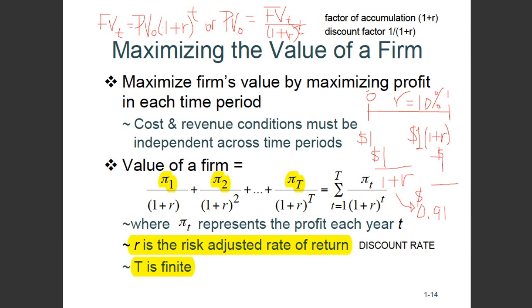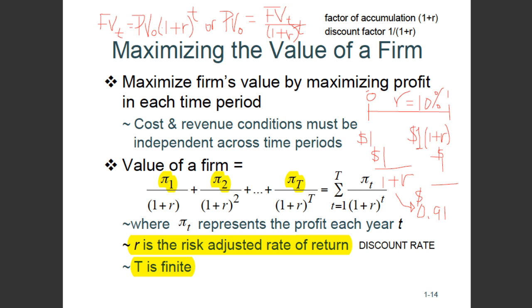Okay? So what does it mean? It means that $1 in the future is worth 91 cents today. Because of a prevailing risk premium, I have the opportunity to do something with the $1 that's coming. Even though I'm not going to get it till one period from now, I could borrow against it.